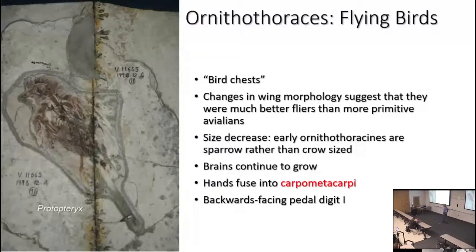The brains are growing even more than before. I think you can see even on little Protopteryx here, it's a very nice swelling of the brain. The hands begin to fuse into what we call carpometacarpi. That is, the carpals are fused to the metacarpals, and the metacarpals are fused to each other. And it's at this point that we actually have that fully backwards pointing digit 1.